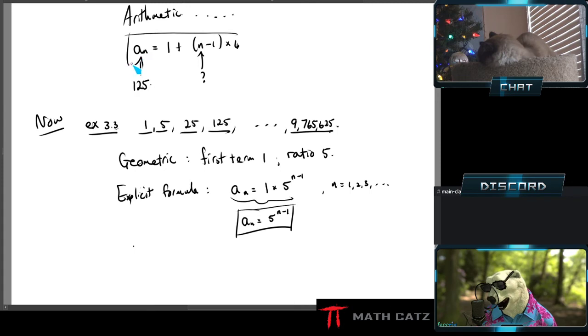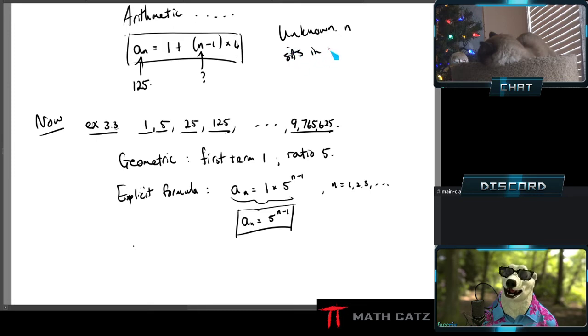However, if I look at the equations from the previous exercise, arithmetic, to this exercise, geometric, it's not the same kind of equation. The unknown that I'm trying to find the value of is this n. Here, the unknown n sits in what I call the base level.